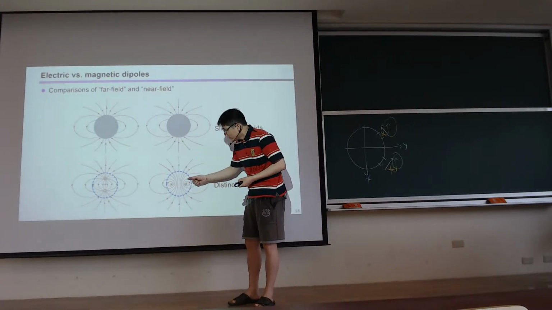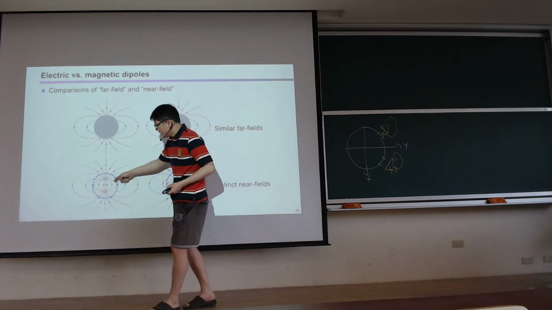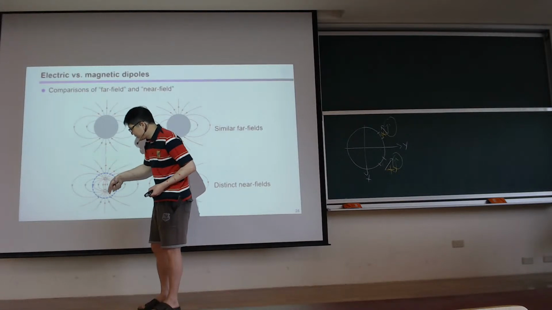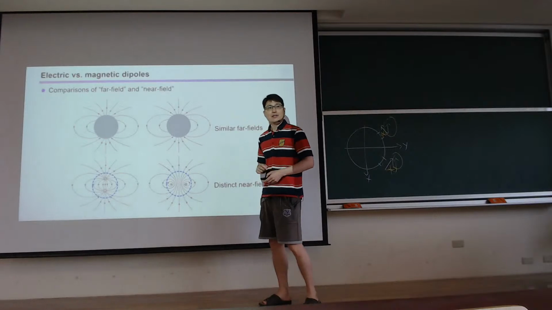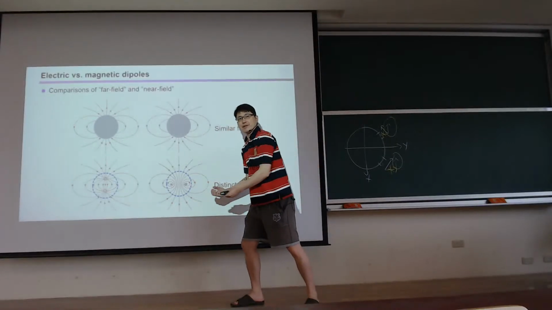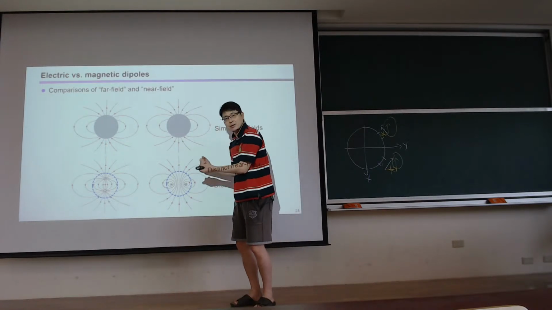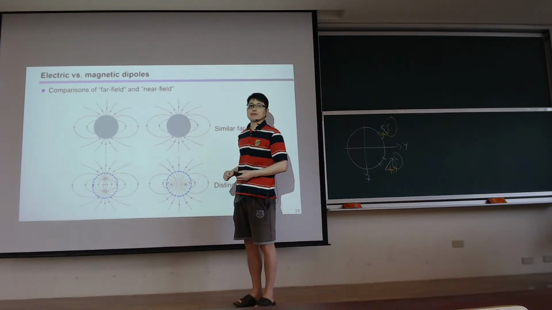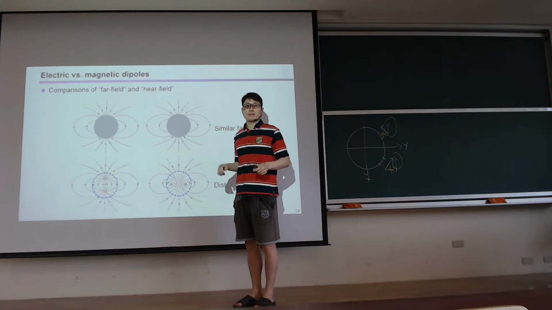This one has self-closed loops of field lines, but this one has connected radiating field lines. So unless you go into the near field where you can examine them closely, in the far field you don't feel any difference.